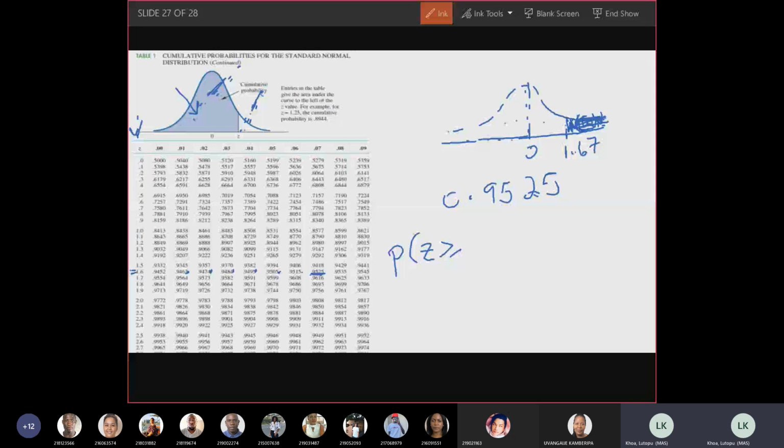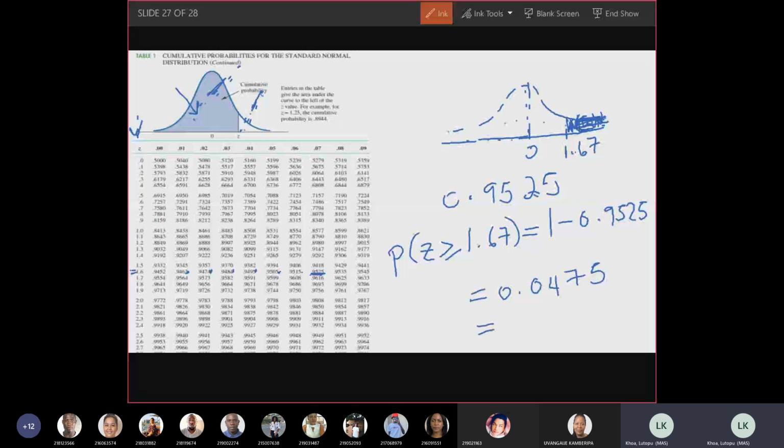You work it out on your calculator. You get 0.0475.